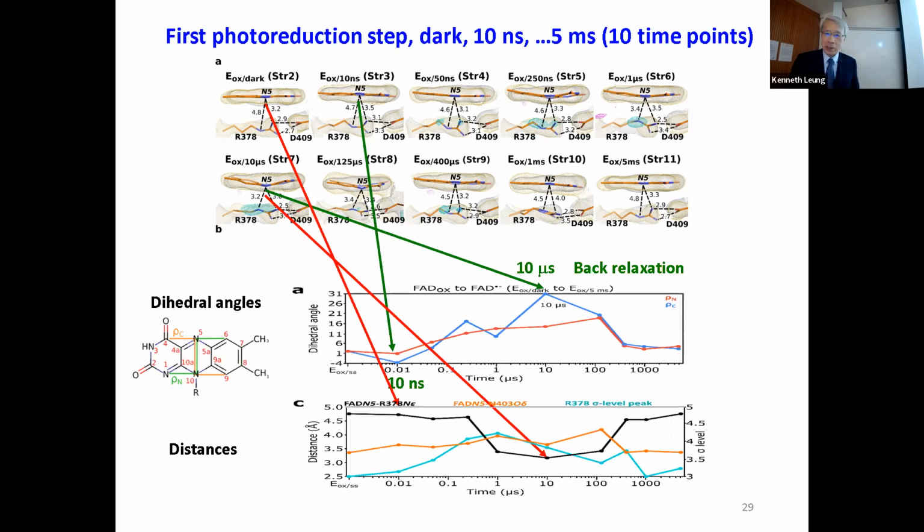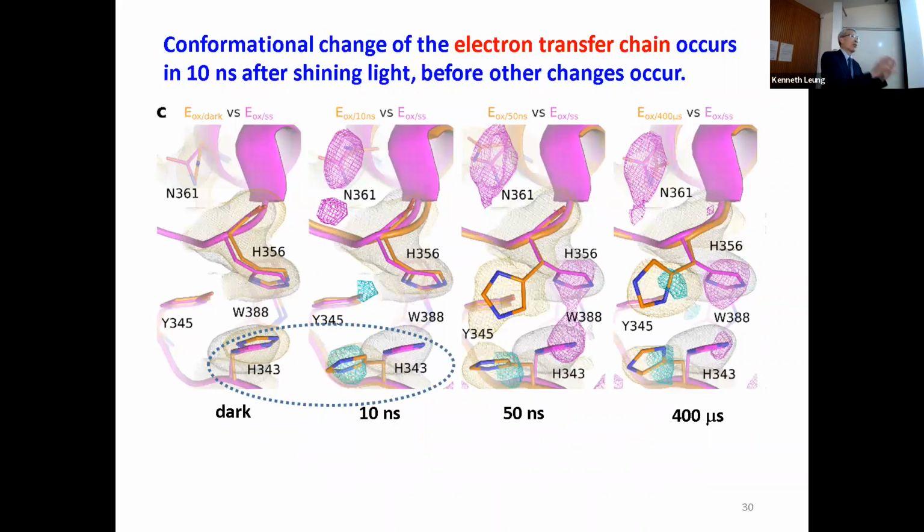The data tells us at 10 nanoseconds, the reaction probably has not happened yet. But if you look at another region of the protein, the protein has many different parts, different amino acids. They are involved in doing different things, just like different instruments playing different notes in a piece of music. So here at 10 nanoseconds, we look at the other region.